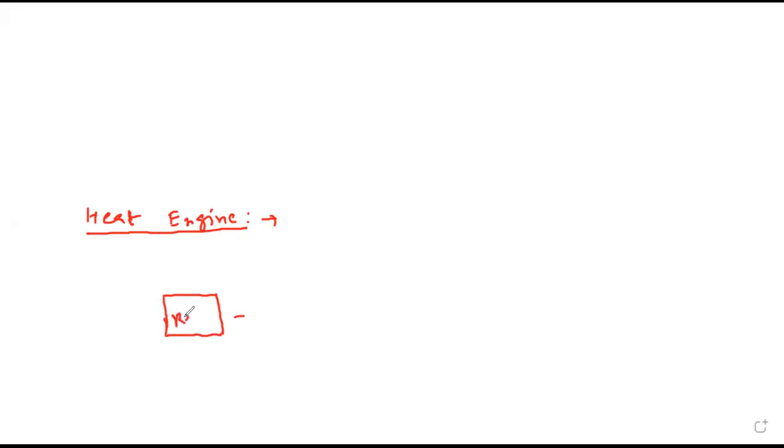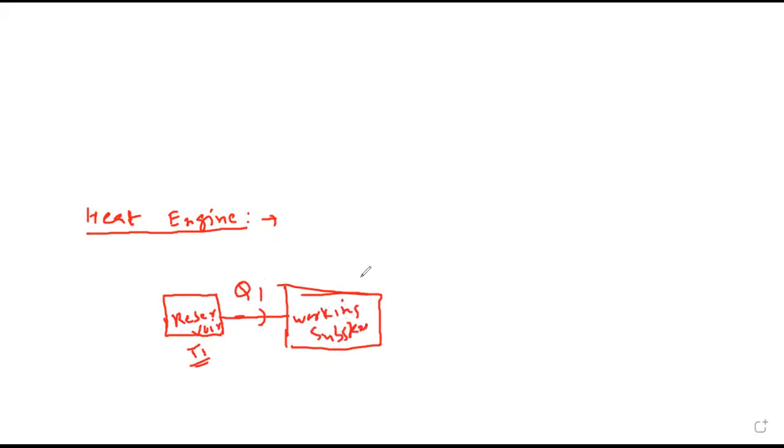From the reservoir at high temperature T1, heat Q1 is extracted, which is supplied to a working substance such as gas, which does work used for a constructive purpose. Remaining heat is given to the sink at lower temperature.